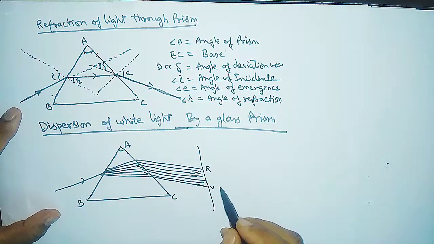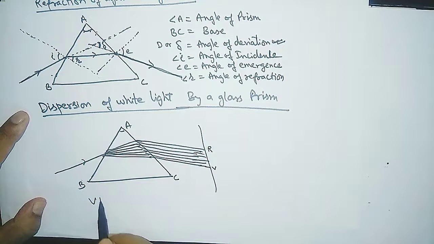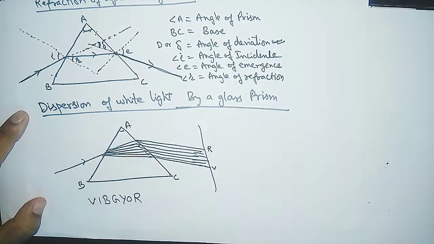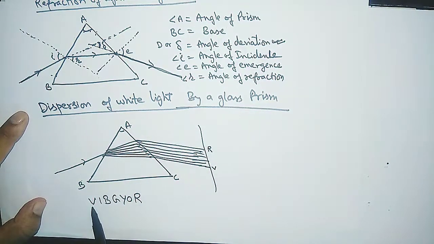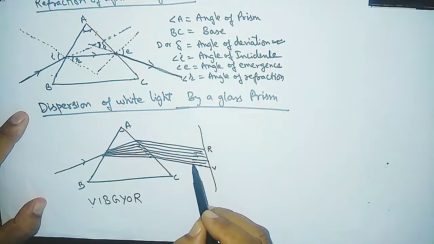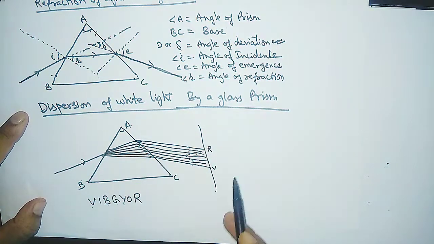So we have 7 colors, and in sequence you may remember them by VIBGYOR. That is, these 7 colors are the violet, indigo, blue, green, yellow, orange, and the red color. Okay, so 7 colors we find on the screen on the other side.